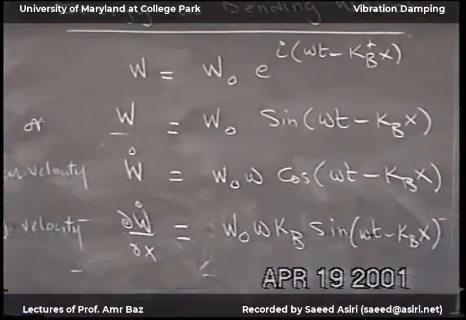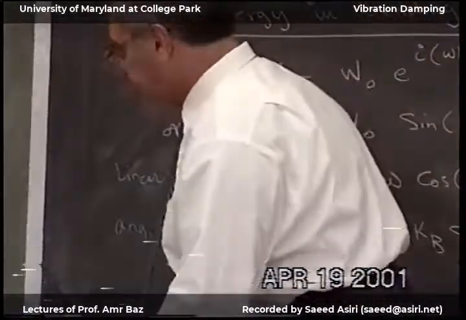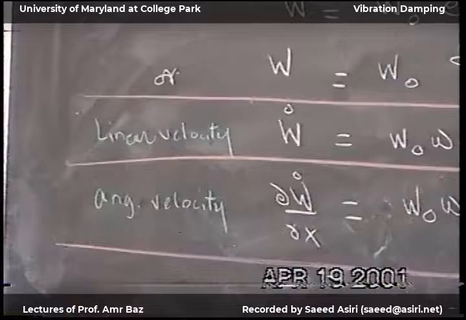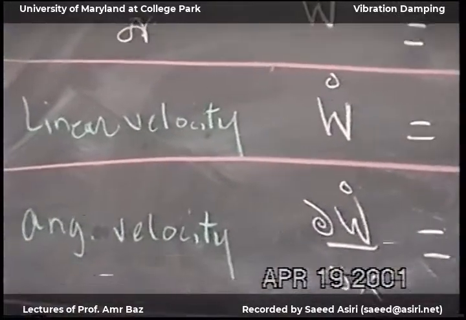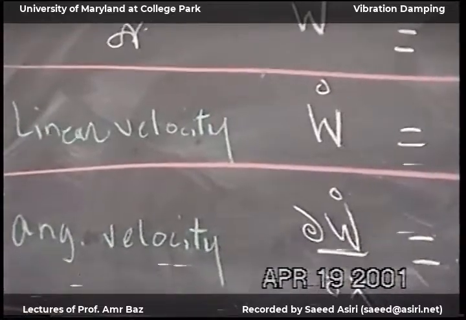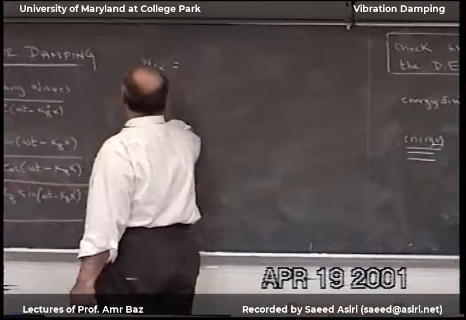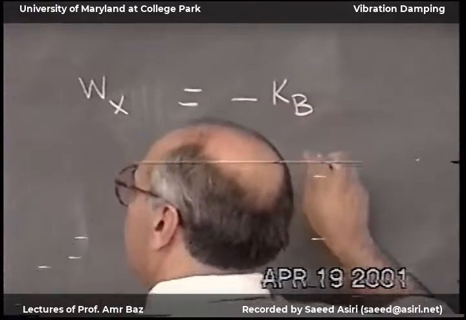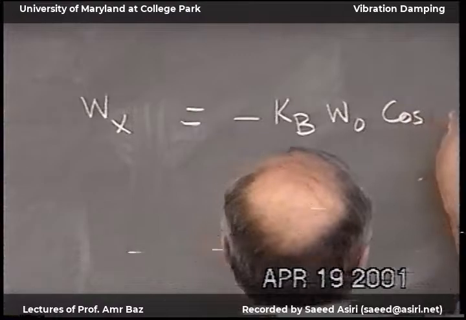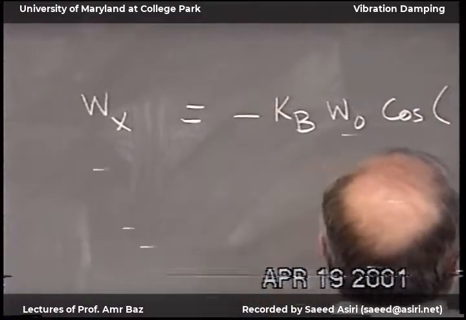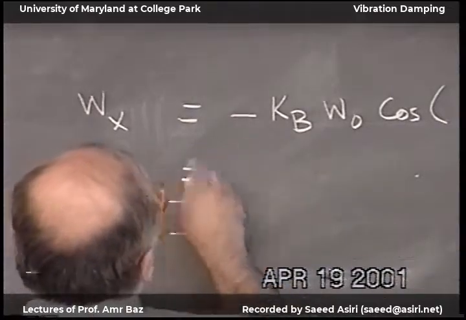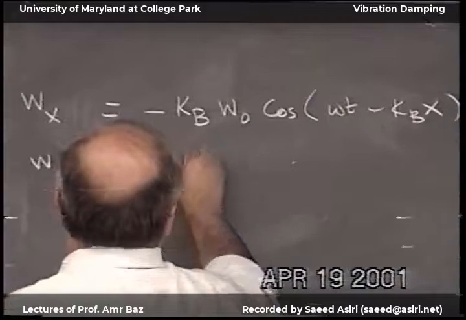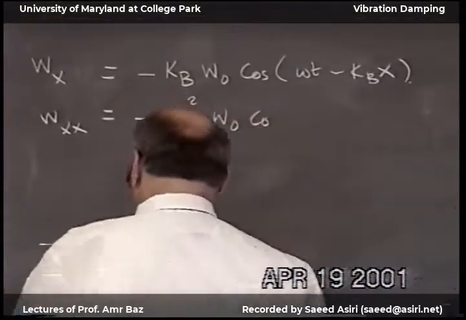Let's get the WXX. WXX will be the differential of this: minus KB W0 cosine, and WXX will be minus minus will be plus, and then this will stay as it is, so this will be KB squared sine.